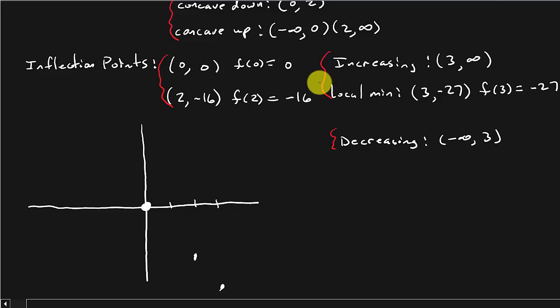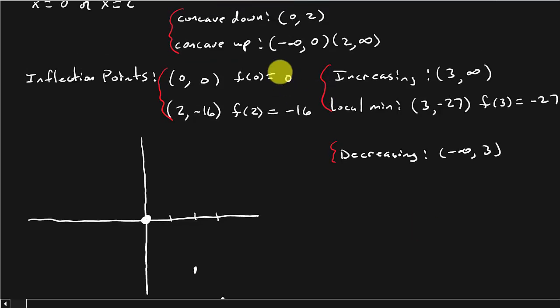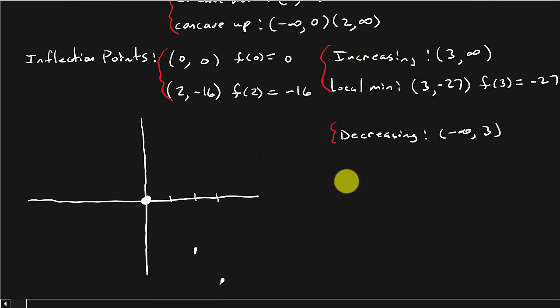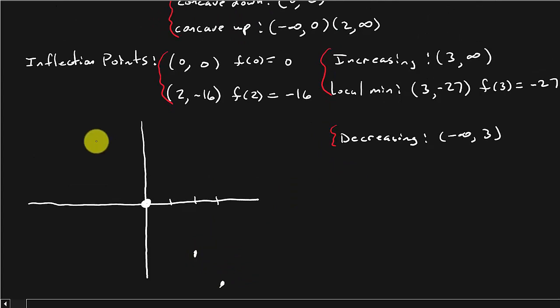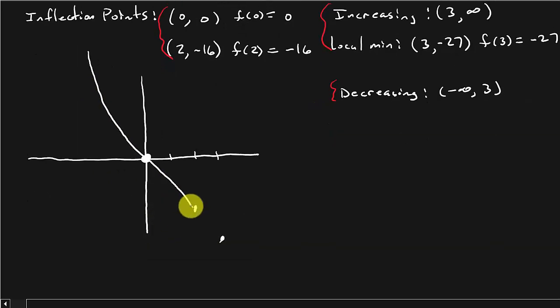But let's look at our concavity. From negative infinity to 0, it's concave up, and then from 0 to 2, it's concave down, and then it changes to concave up once I hit the 2 again. So it's concave up, then it changes to concave down, and then it changes back to concave up.